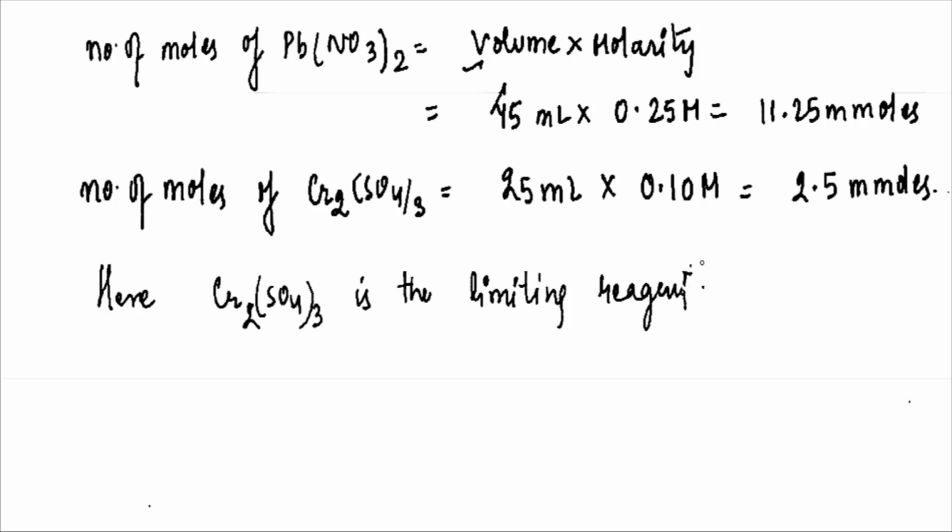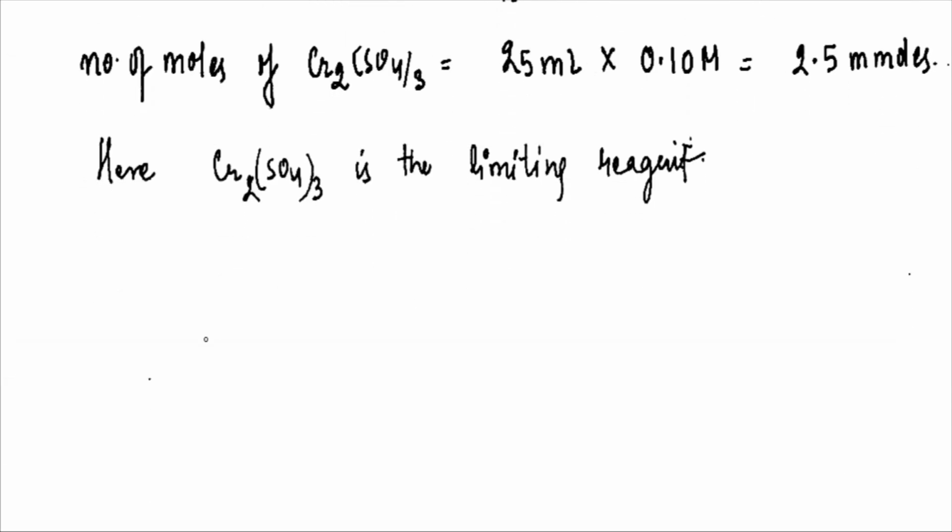So this is true. Now if this is the limiting reagent that we have, can I just find out the amount of lead nitrate that is being used?